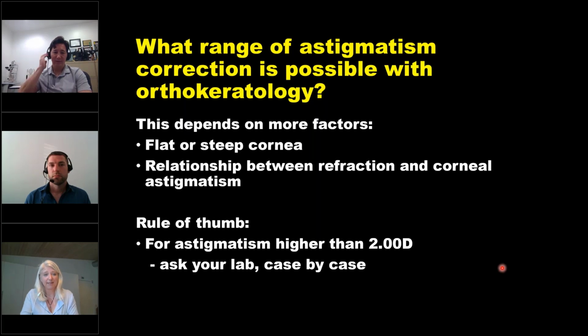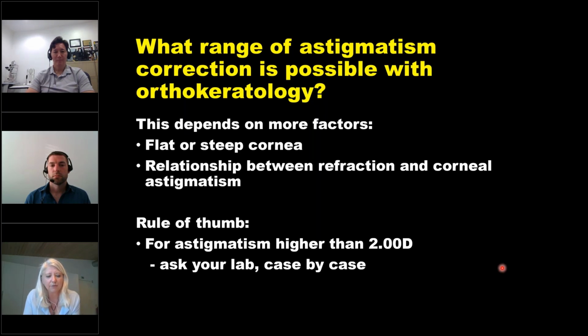This is a question I have been asked very many times, along with the question of how much power you can change in Ortho-K treatment. And the answer is you cannot put a specific number of diopters to answer this, because there are different factors that will affect what is possible.